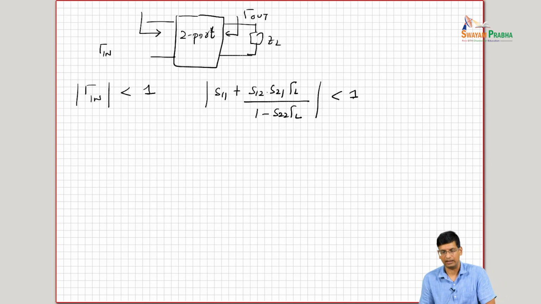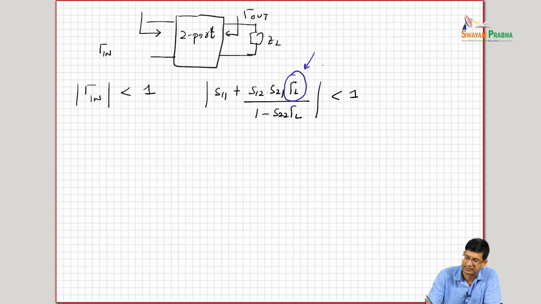This is what I'm saying. And my objective is that no matter what gamma L is, this is true. And gamma L is (ZL minus Z naught) divided by (ZL plus Z naught), right?